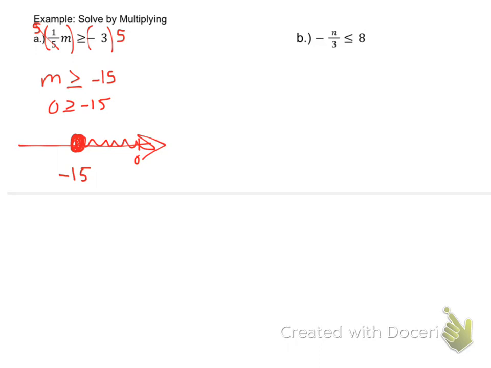Now, again, it was brought up last hour that, hey, this little arrow right here is pointing to the right. So guess what side I shaded on? The right. I talked about that last time. This is not necessarily always true, because I think everybody should recognize that negative 15 and m, now it's negative 15 is less than or equal to m.